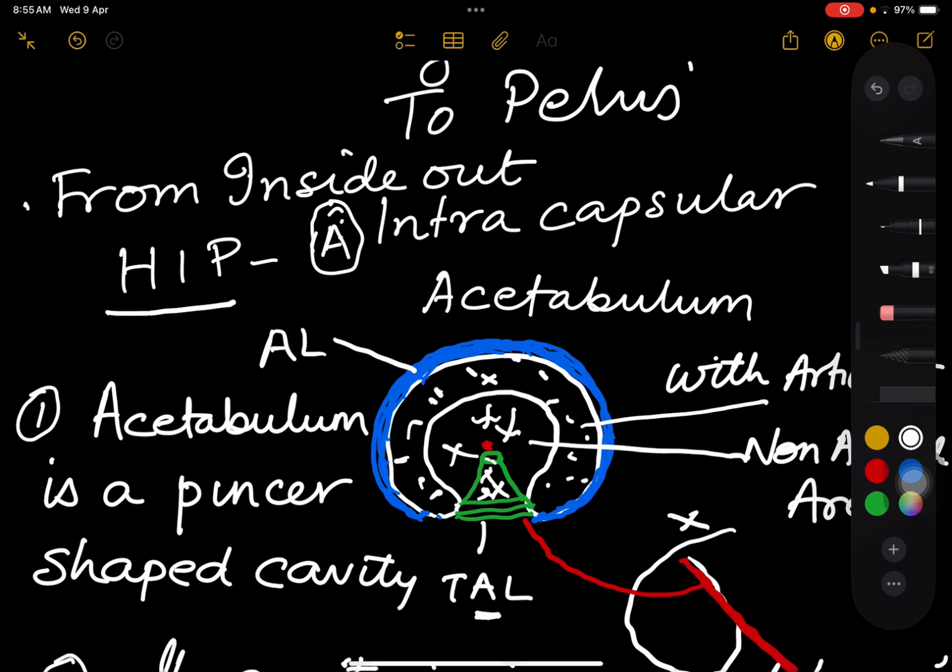This is the oval-shaped obturator foramen from which emerges the obturator artery, and this gives the artery of the ligamentum teres, and that enters the acetabular notch medial to the transverse acetabular ligament, rides on the ligamentum teres, enters the head and supplies 3% of it.